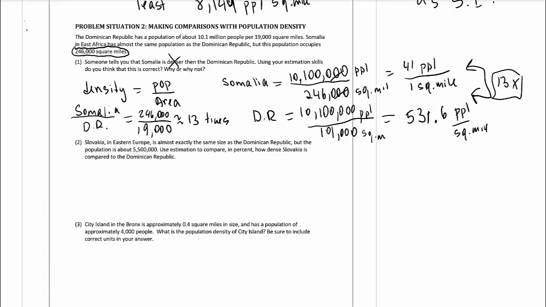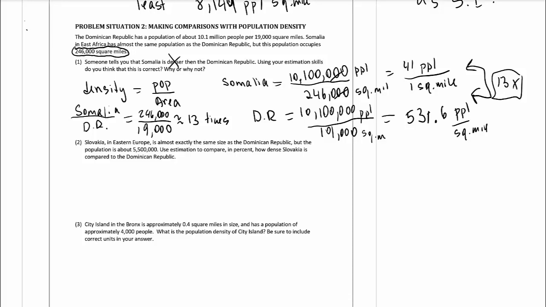The other thing is we're looking at Slovakia in Eastern Europe, which is almost exactly the same size as the Dominican Republic. So Slovakia and the Dominican Republic are about the same in size, and the population of Slovakia is about 5,500,000. Using estimation, compare in percent how dense Slovakia is compared to the Dominican Republic.